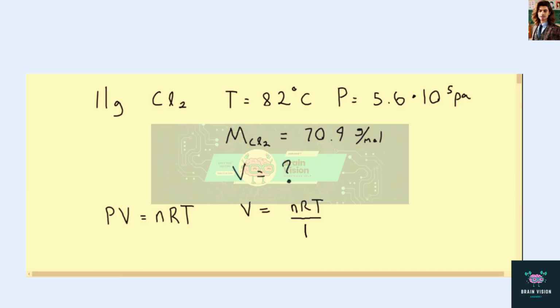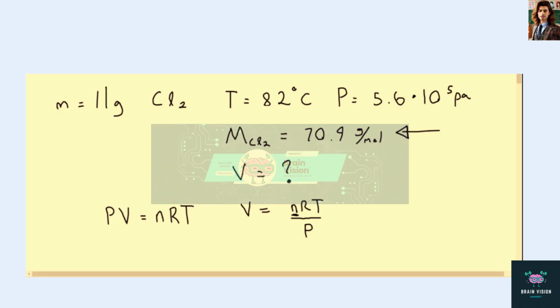Okay. So we have the temperature and we have the pressure, but we don't have the number of moles here. We have the total mass, m. But lucky for us, we can readily convert between mass and the number of moles, as long as we know or can look up the molar mass.